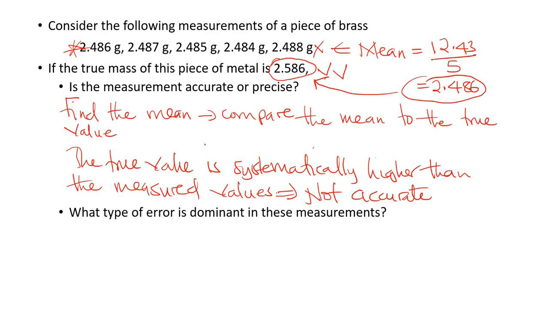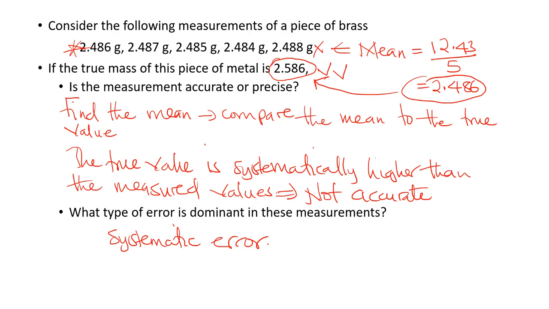So the question is, what type of error is present in this case? We have said that the true value is systematically higher than the measured value. So here we have a systematic error. So to recognize systematic error, you will see that the mean of your values will be totally different from the given value.